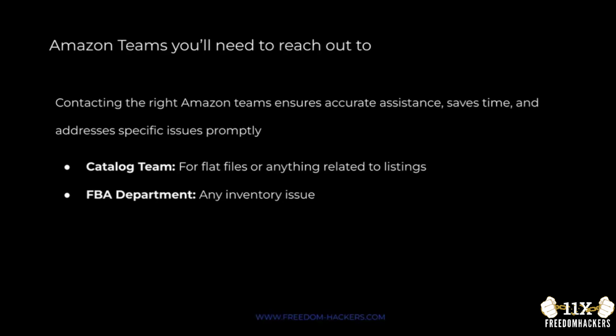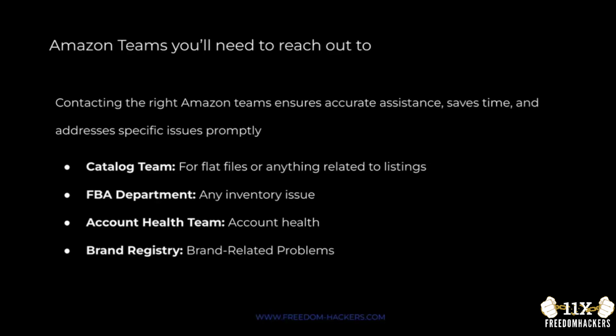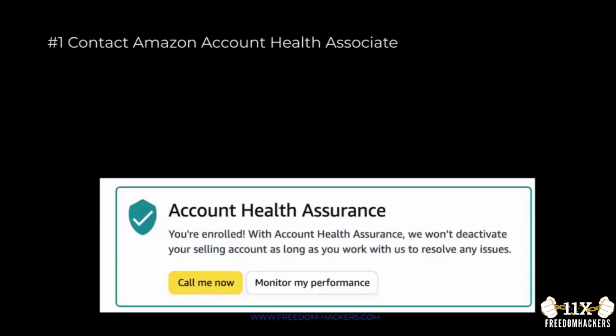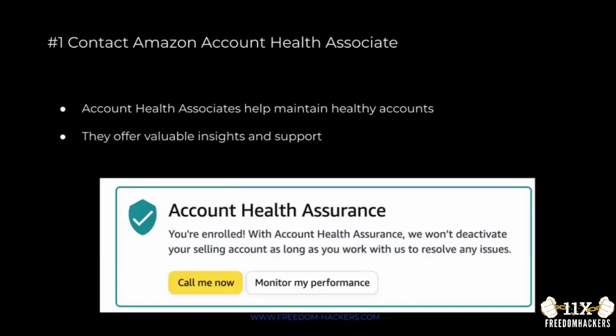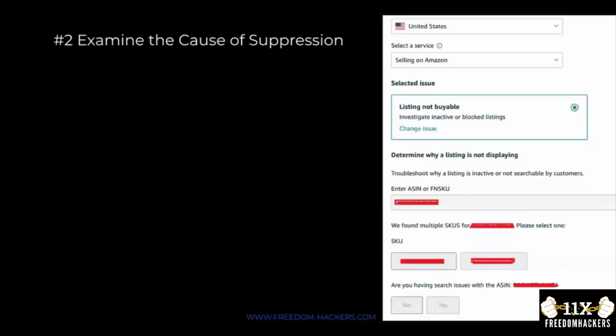So that's going to be the FBA department. Then the account health team, the brand registry team. So you need to basically know that the team you're talking to is able to fix that issue. The account health associates help maintain these healthy accounts, and they offer insights and support, right?